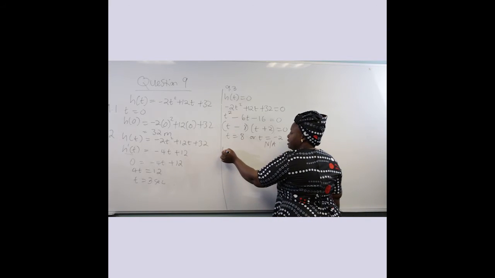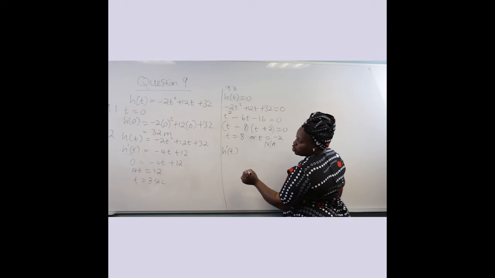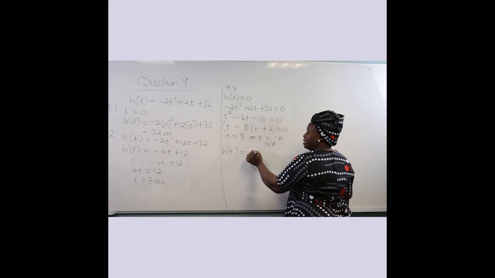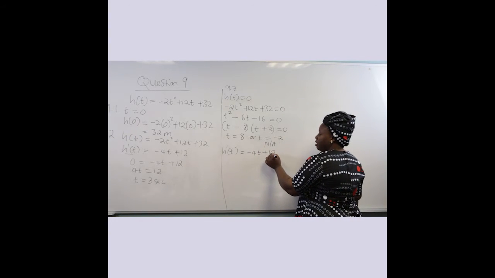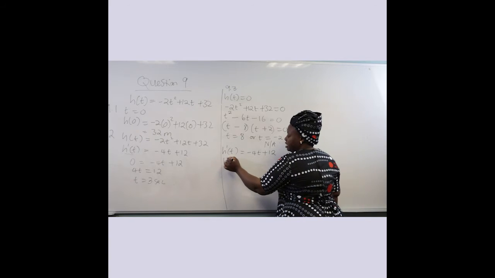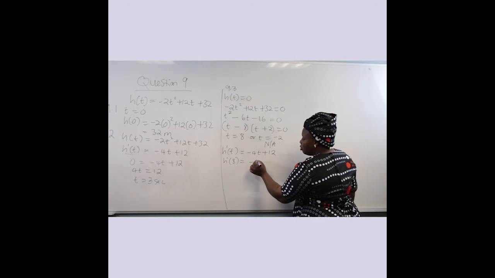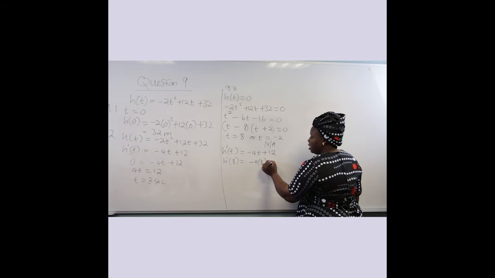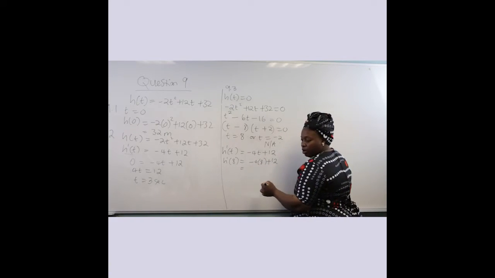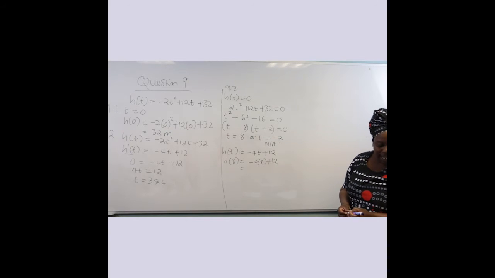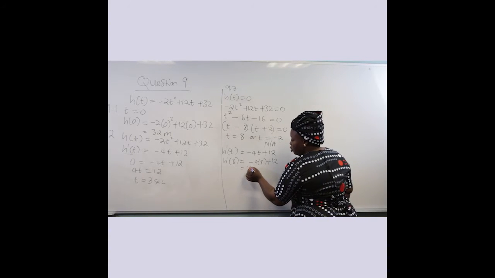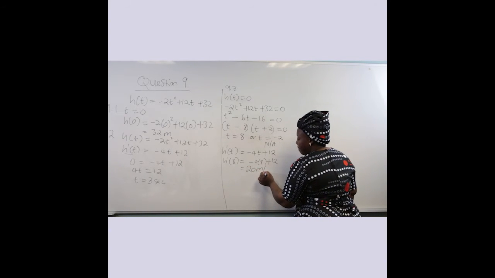And then we take our derived equation, which is the first derivative, equals negative 4t plus 12. Substitute the 8 in it, and then we will find the thing that we are looking for. This is negative 32 plus 12, and when we calculate this using a calculator, we'll find it to be negative 20 meters per second.